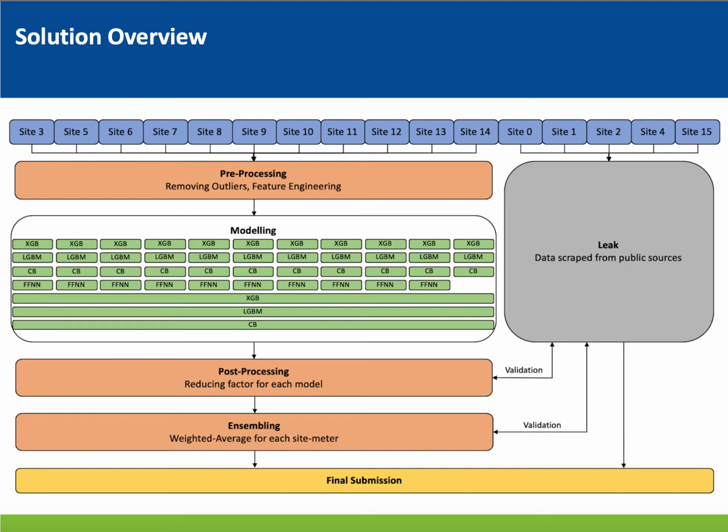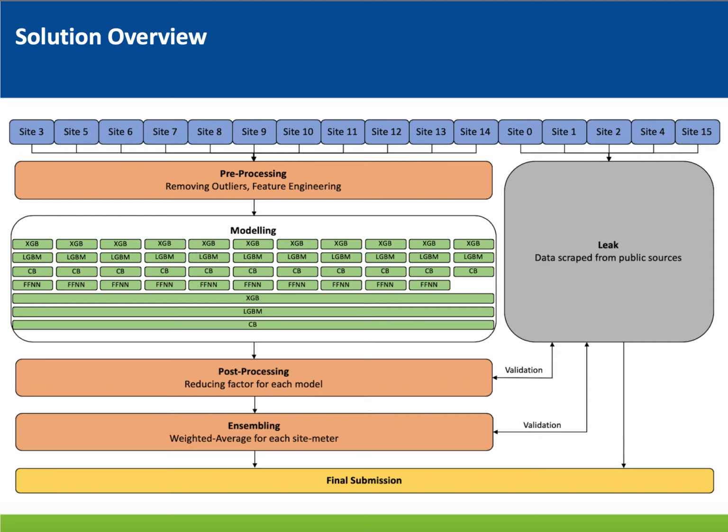So coming to the remaining 11 sites, our basic flow consisted of 4 major steps. The first is pre-processing, where we worked on cleaning the data, identifying and removing the outliers, and doing some basic feature engineering.